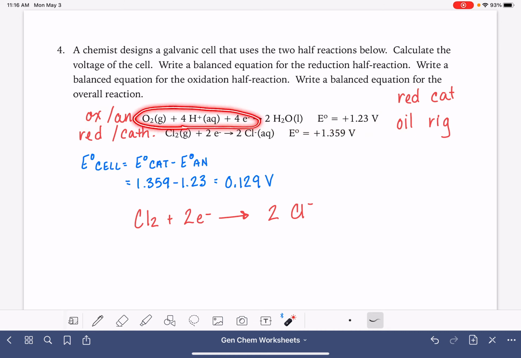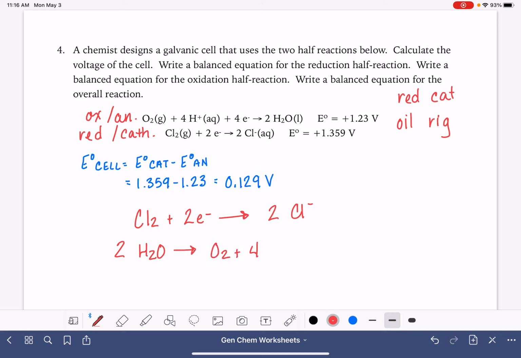Currently it's being written as a reduction, so we just need to turn this equation around. We just need to reverse it. 2H2O makes O2 plus 4H+ plus 4 electrons. And again, this is our oxidation, and this is our reduction.